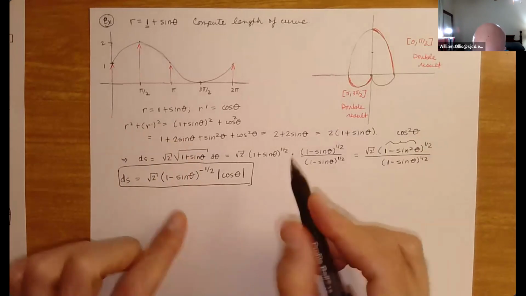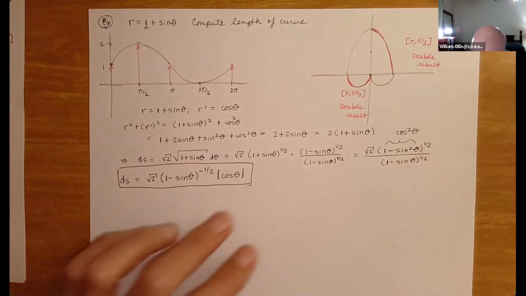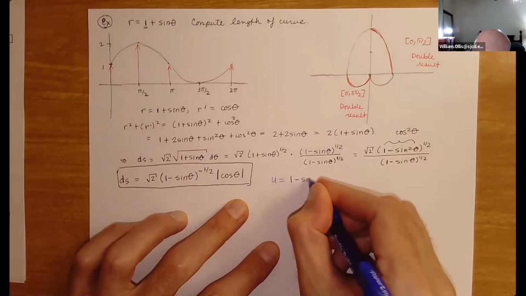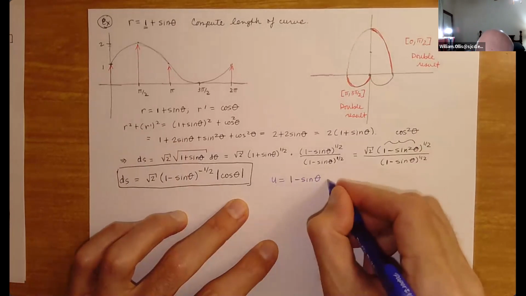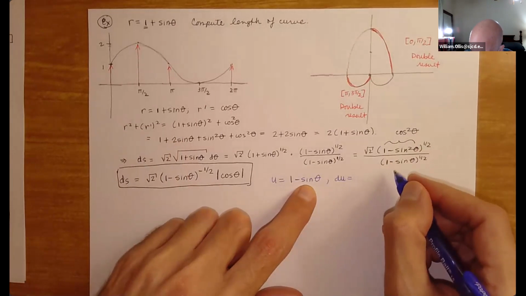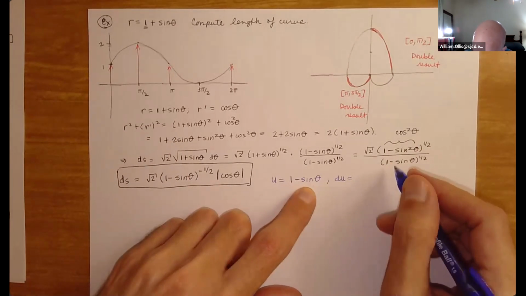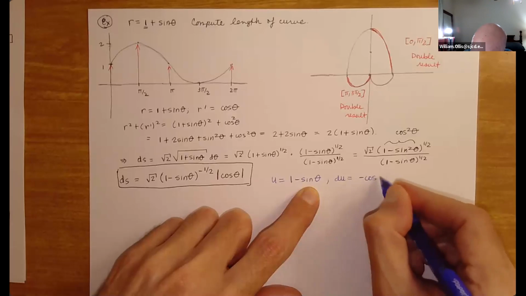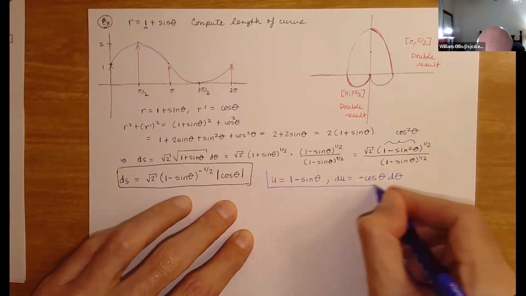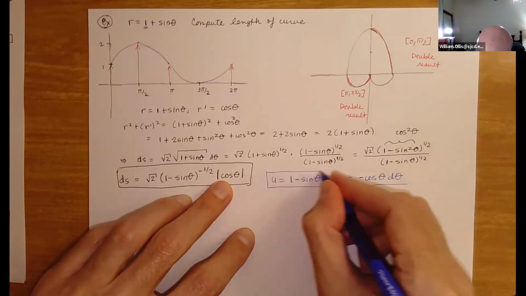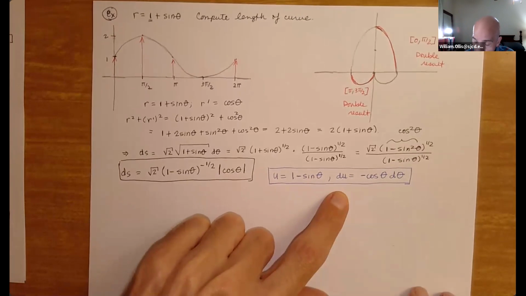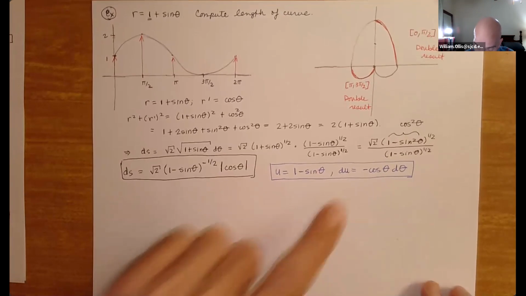So now we can look at this and say u is 1 minus sine theta, du is, the derivative of sine is cosine, so we've got the negative cosine theta d theta. And we can use whatever the region is to figure out what the absolute value of cosine is. And here's our substitution, which we write to make it table ready.